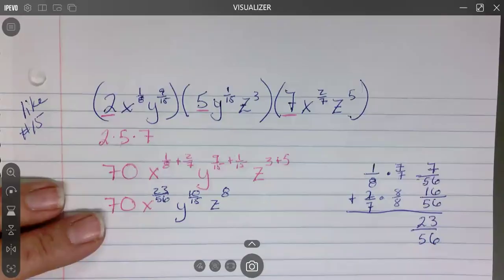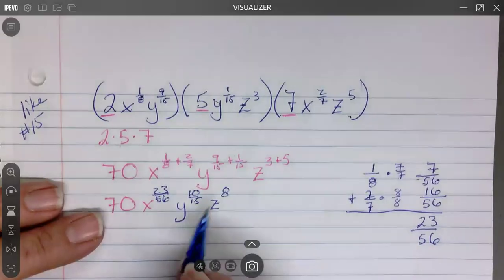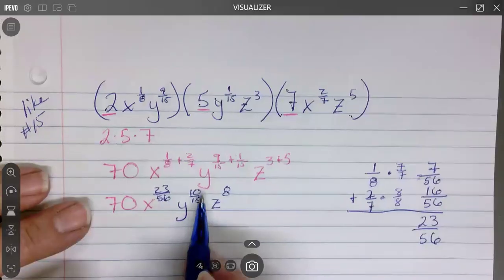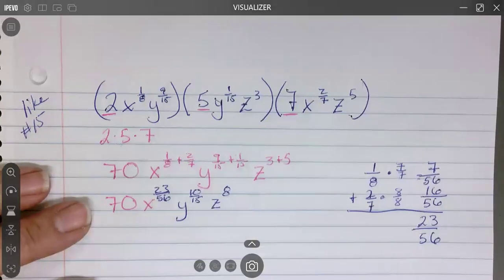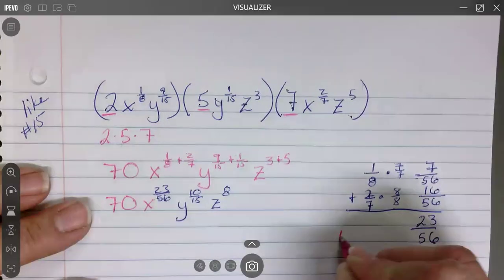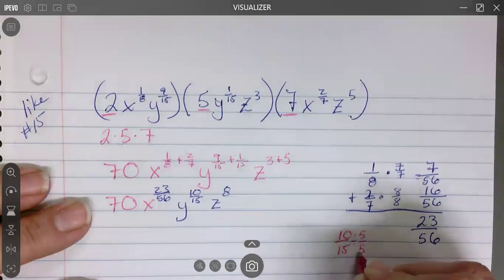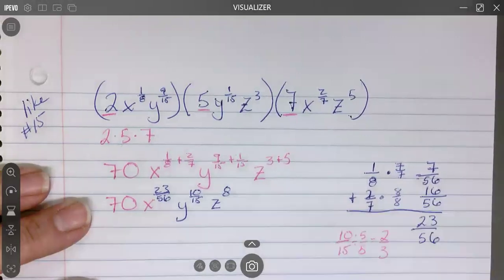They are not both even, so I cannot reduce by 2. Cannot reduce by 3, because 3 will go into 15, but not 10. If you can't reduce by 2, you cannot reduce by 4. But I can reduce by 5. So let me do that over here real quick. 10 over 15 divided by 5 over 5 equals 2 over 3.